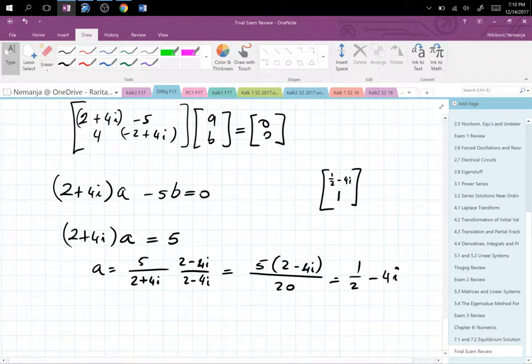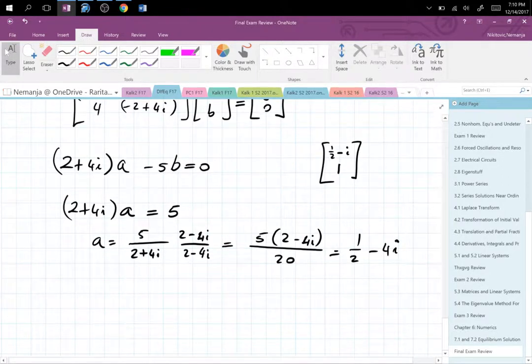I put 4? Yeah, just minus i. You're right, it canceled. When I cancel it, it should just say i, because 5 and 20 cancel, you get 4. 2 over 4 is 1/2, and 4 over 4 is 1.